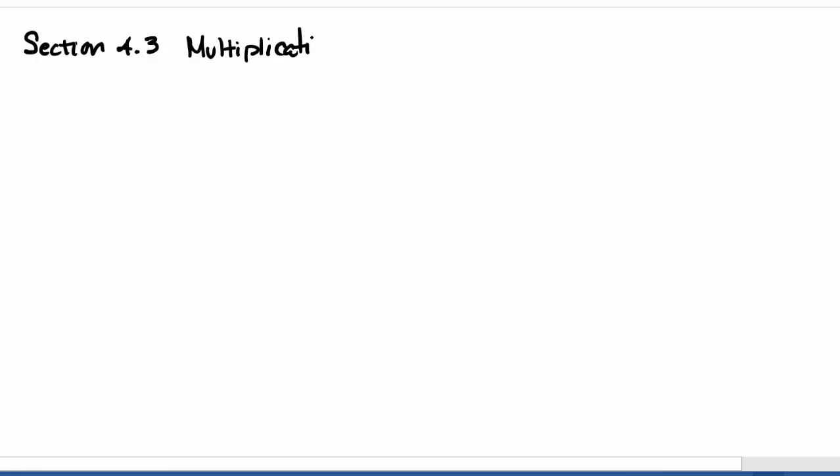Section 4.3 talks about the multiplication and division of fractions. Okay, so in section 4.2 we introduced fractions. So in section 4.3 we talk about multiplying and dividing fractions.